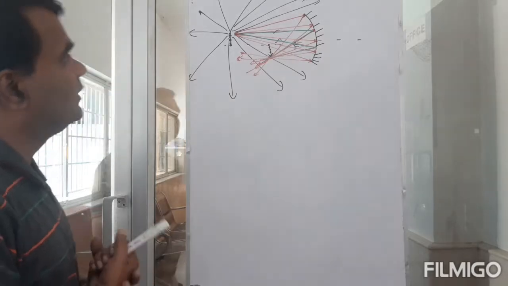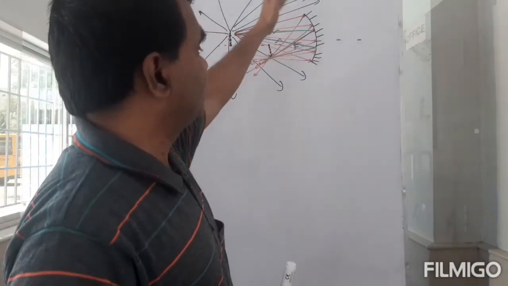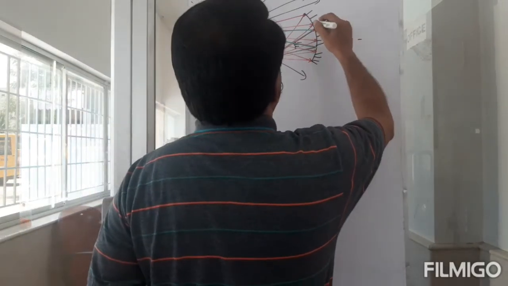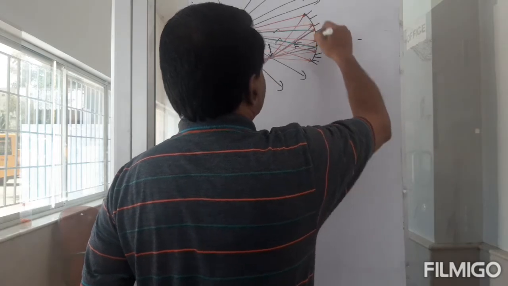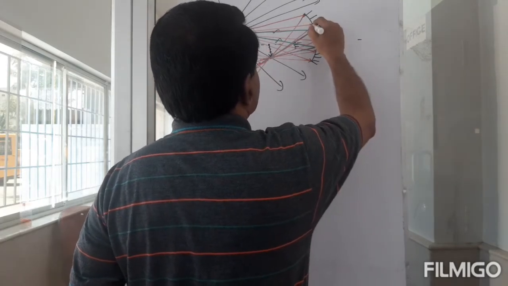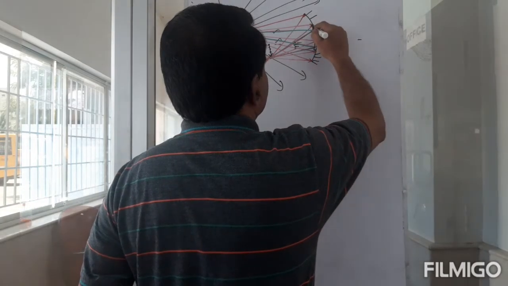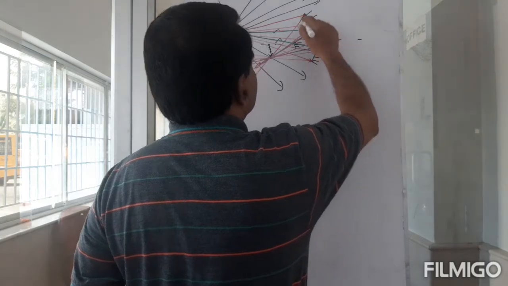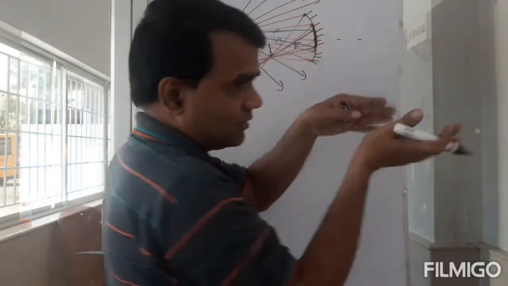Okay. Now, in the 10th standard, you have come across this question: what happens if I blacken half of the mirror? Suppose I blacken this part, maybe the top part, or maybe something like this. I can blacken any part, either the top half or the bottom half, or something in the middle.